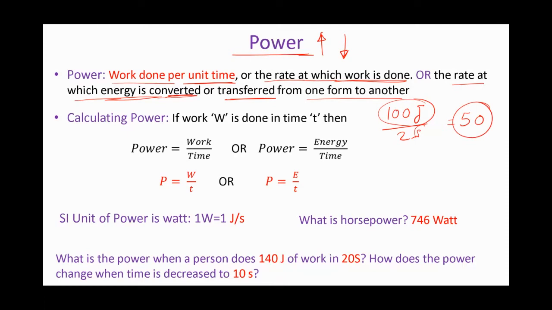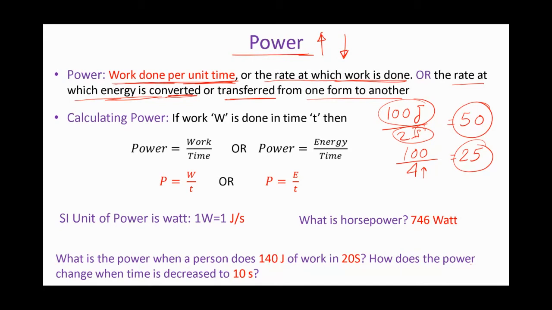But if I do 100 joule in 4 seconds, I have a power of 25. So if you increase the time, the power will decrease. And if you decrease the time, the power will increase. So again, the power is work done per unit time.